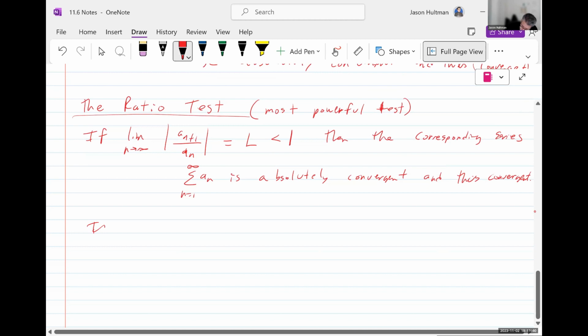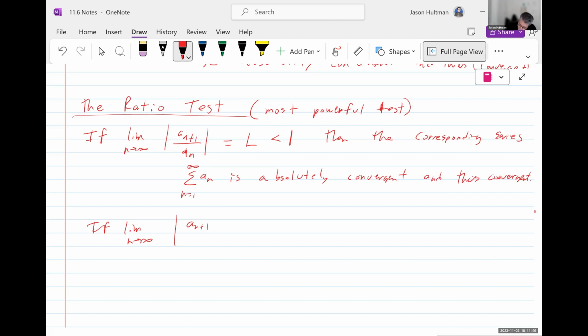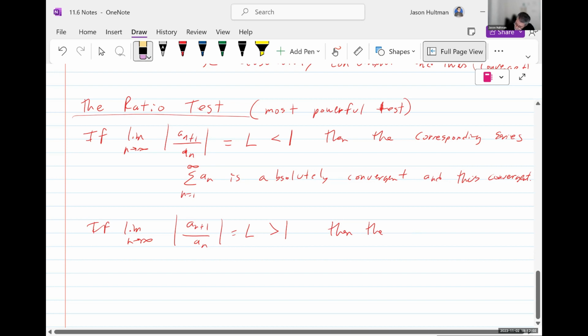If the limit as n goes to infinity of a sub n plus 1 over a sub n equals some limit, the limit exists, and it's greater than 1, then the corresponding series, summation a sub n, n equals 1 to infinity, is divergent.